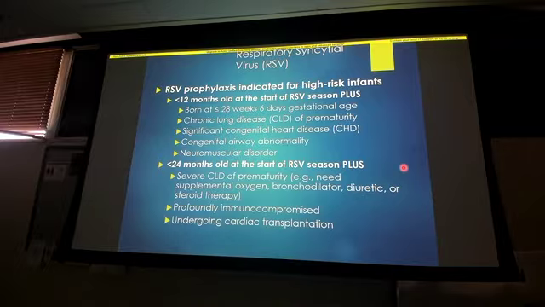And then looking at your CLD or prematurity, this is essentially saying, hey, they were a premature child and we had them in the NICU and they were receiving any of these things. But they still have to be less than that 29 weeks, okay?